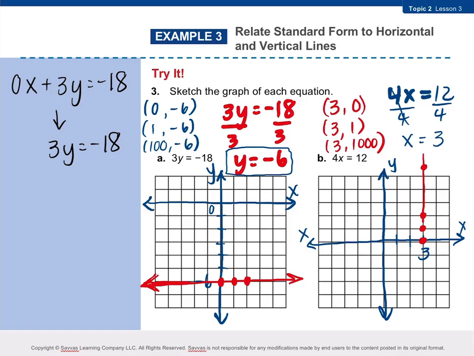So I'll have a long vertical line at x equals 3. So when my equation is just x equals 3, that means x equals 3 always. So I could imagine it as standard form. It really shouldn't change. So those are two special cases.